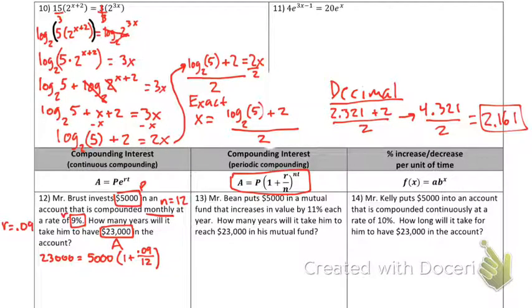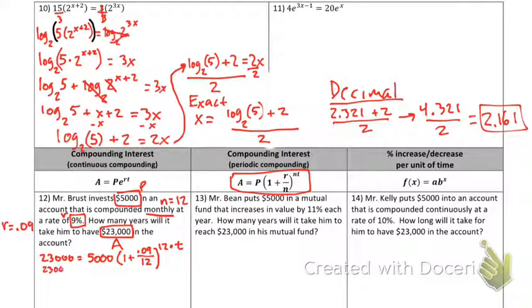And then my N value again is 12 times T. This is what we're trying to figure out, how many years. So we're solving for T here. Let's first clean all this up. I'm going to compute this first.